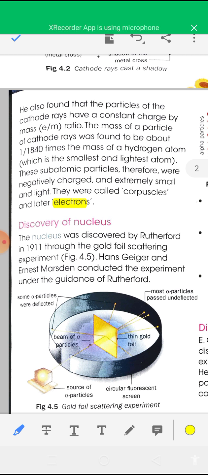You have to remember that the electron is a negatively charged particle, the smallest and lightest subatomic particle present in an atom.